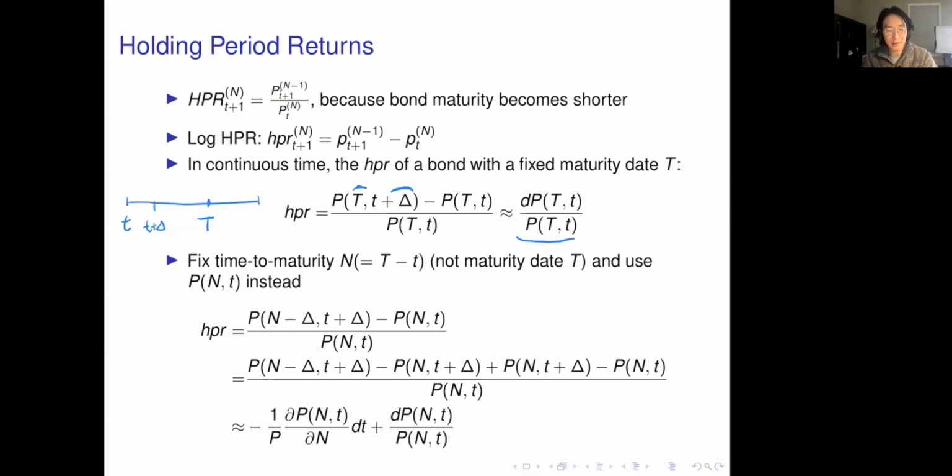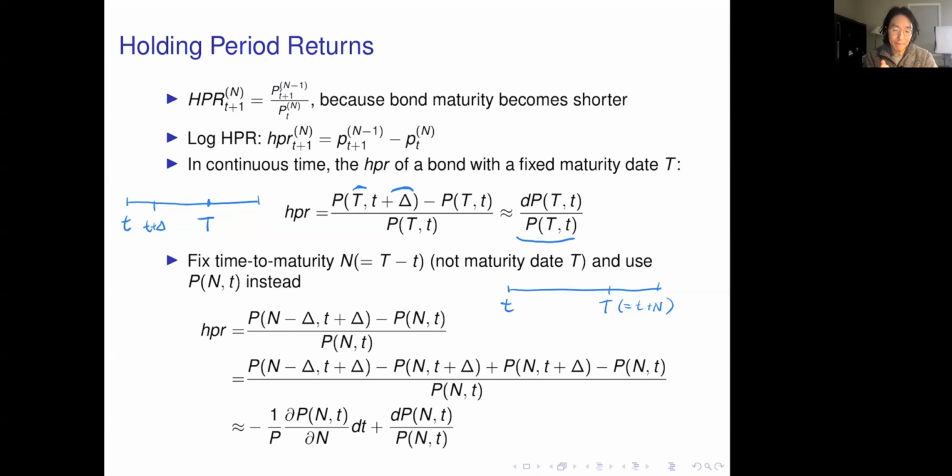But in many cases, it's easier to understand using fixed maturity bonds, right? So we are instead considering a situation where your time t and T, which is t plus n. So we're going to fix the time to maturity. So we are expressing holding period return in terms of the bond with fixed maturity.